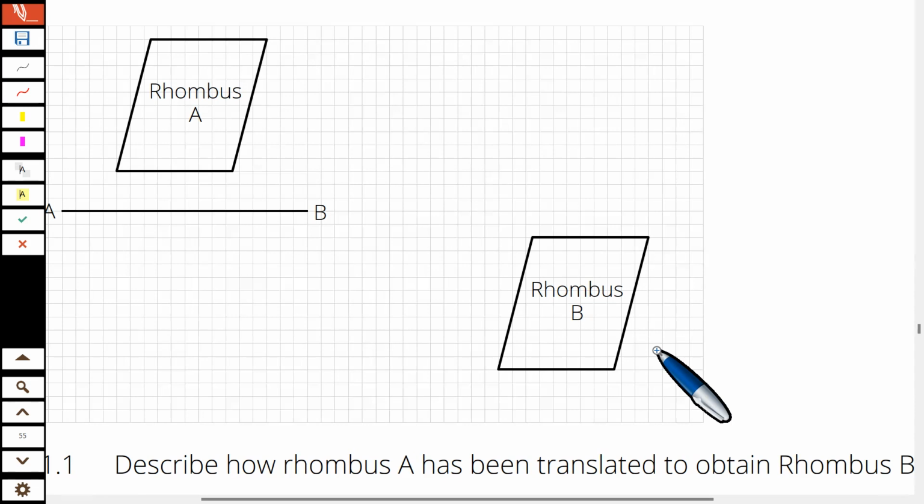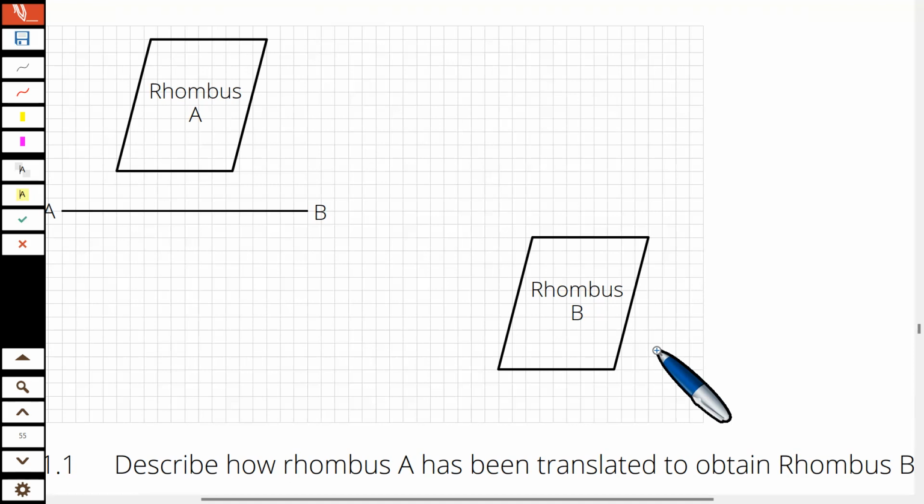Was it rotated? Okay, let's look at that and see if that is really the case, if it was rotated or not. Let's take a look and see what transformation actually happened to result in this.